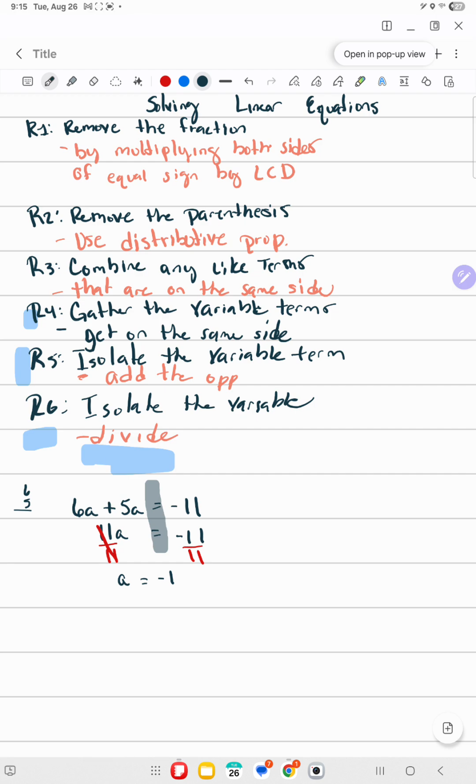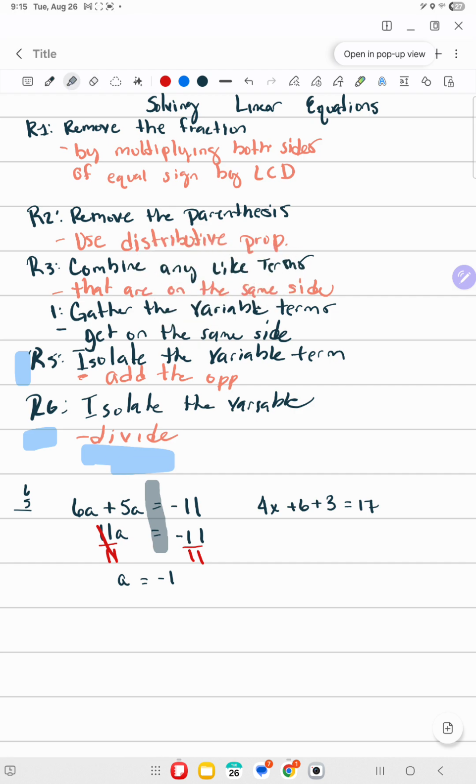All right, let's start. So we know we don't have any fractions, and we don't have any parentheses. So let's start with rule 3: combine any like terms.